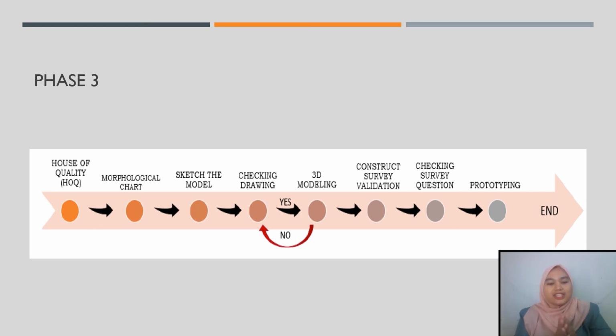And then we do a sketching model, and then we construct a validation survey for the respondents to select the best new design of the air freshener casing. After that, we do prototyping.